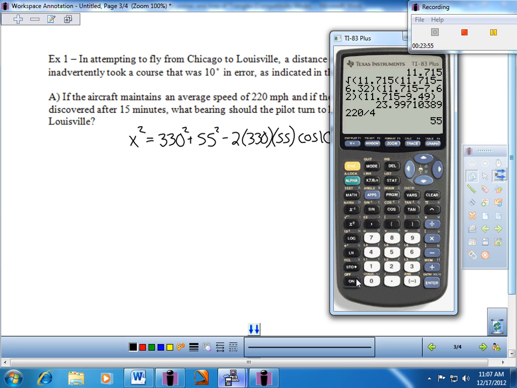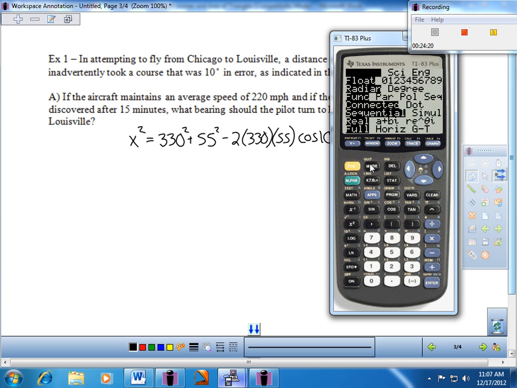Let's go find it. So everyone, type with me if you would, please. 330 squared, 55 squared, minus 2 times 330 times 55, and then times cosine 10. No, you know what? I know what happened there.